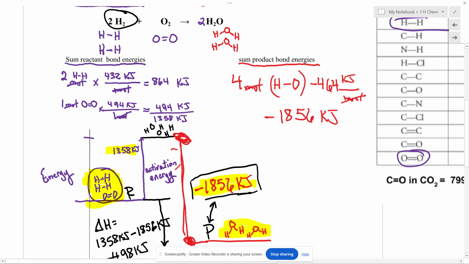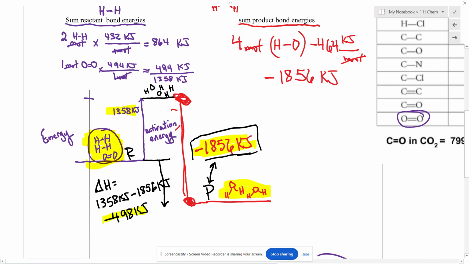And then you have to find the difference between those two numbers. If it's a negative number, the reaction is endothermic, and energy was lost from the system. Energy went flowing out in the form of light and heat.